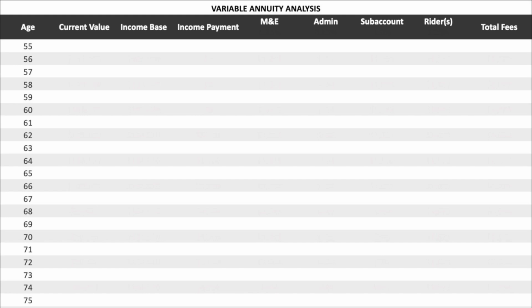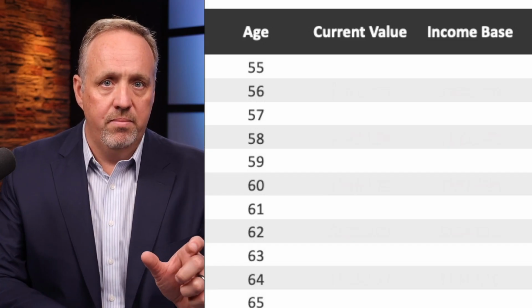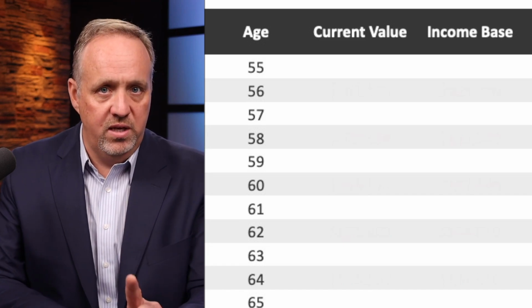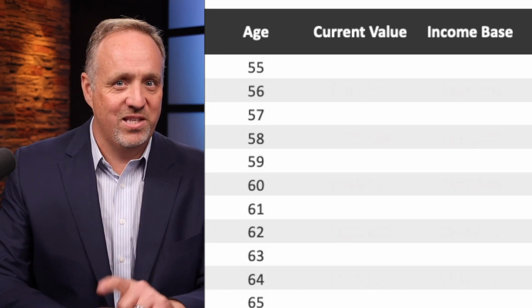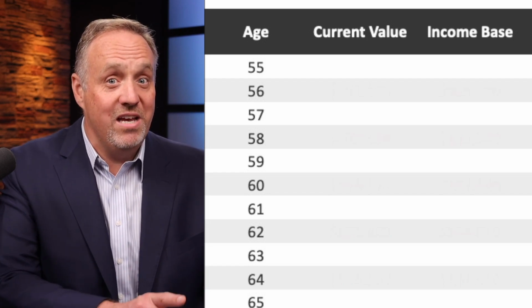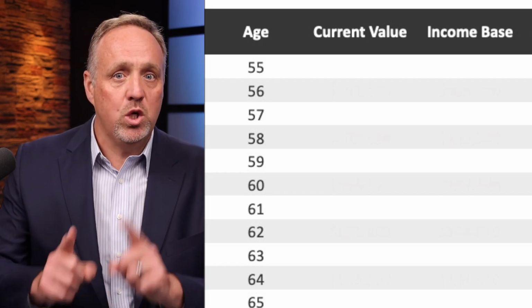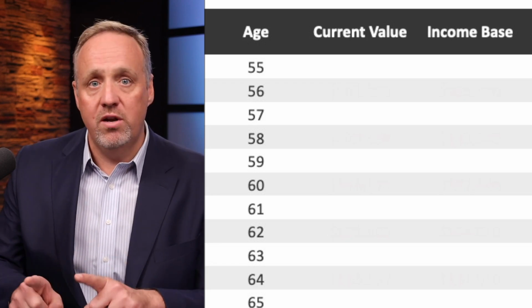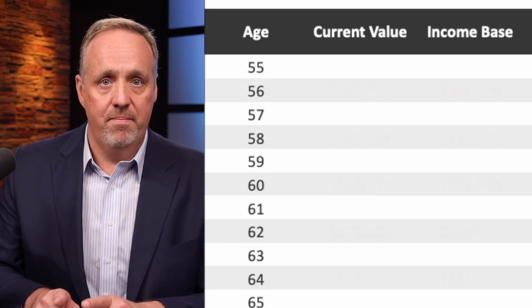And for now, we're only going to pay attention to the columns labeled current value and income base. We're not going to factor in fees, not yet anyway. That's where we're getting to some of the pieces that aren't discussed very often, so don't leave until we get there. So let's go over the differences between the current value and the income base.